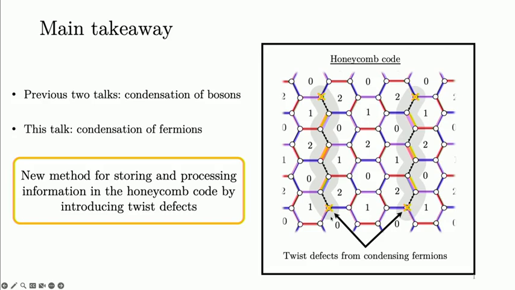These are point-like irregularities of the code that can be used to store and process quantum information and also speed up lattice surgery. The hope of this work is that we provide a new tool for building dynamical quantum error correcting codes that hopefully reduce the A to C ratio. That's the error to chip ratio.